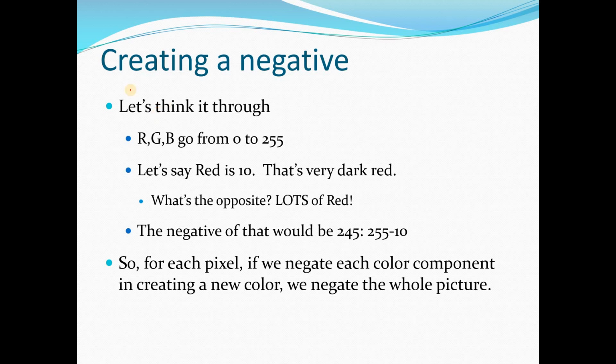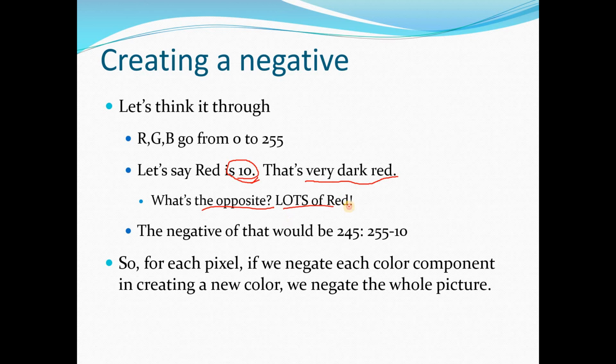So how was the negative created? For example, let's say your picture has a pixel and its red color is 10. When the red is 10, it means it's a very dark red. And negative is basically the opposite of the positive. So what is the opposite of dark red?